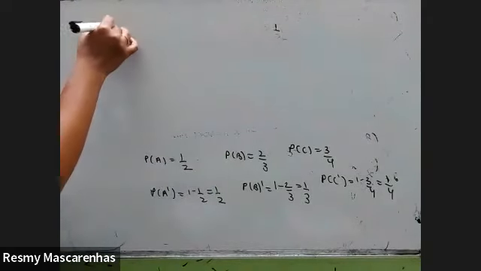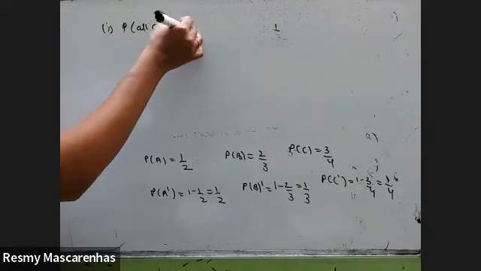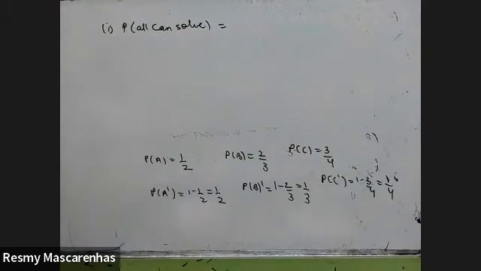All can solve means I have to wait till the entire class solves. Means what, there are 3 students. I have to wait till all the 3 students solve. A also has to solve, and B also has to solve, and C also has to.